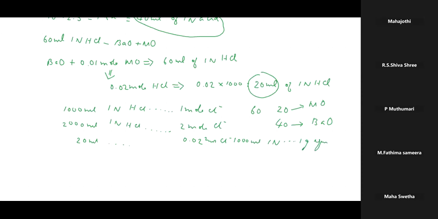For barium oxide, barium 138, oxygen 16, equivalent weight is divided by 2, so 77 gram. If it was 1000 ml of 1 normal hydrochloric acid, 77 gram of barium oxide might have reacted. So what is it for 40 ml? If 77 gram reacts for 1000 ml, for 40 ml, 3.08 gram of barium oxide might have reacted.